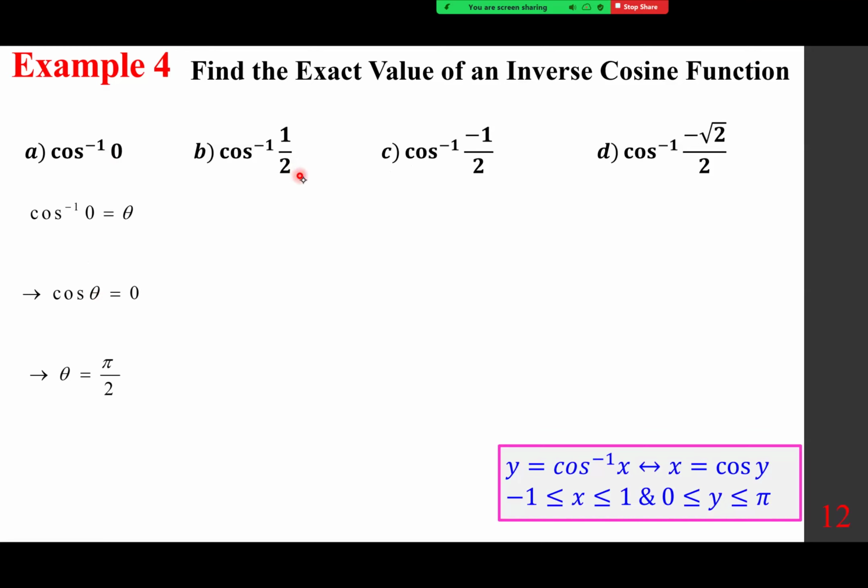Cosine inverse of 1/2, let's set it equal to theta. By definition, cosine of theta must be 1/2. Theta must be pi over 3, a common arc, everybody.